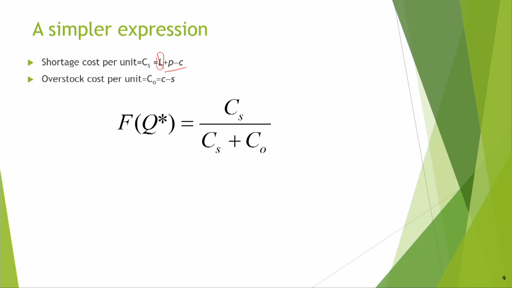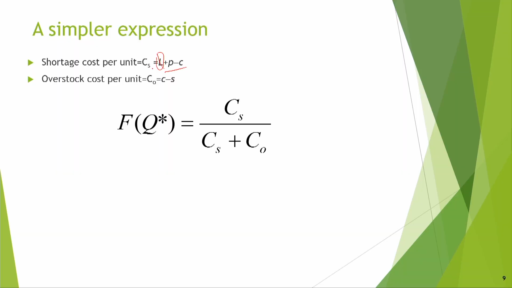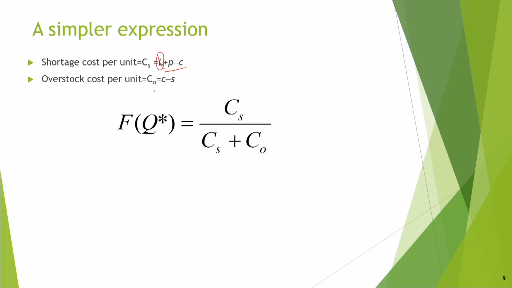This L data will also be available to you. Say, for example, if you purchase something for 10 rupees, sold for 15 rupees, so p becomes 15, c becomes 10, so 5 rupees profit you are losing, plus L penalty because you have annoyed the customer. So, 3 rupees per unit you keep for that also. So, this will be the total shortage cost, and Co will be c minus s, that is the overstock cost.